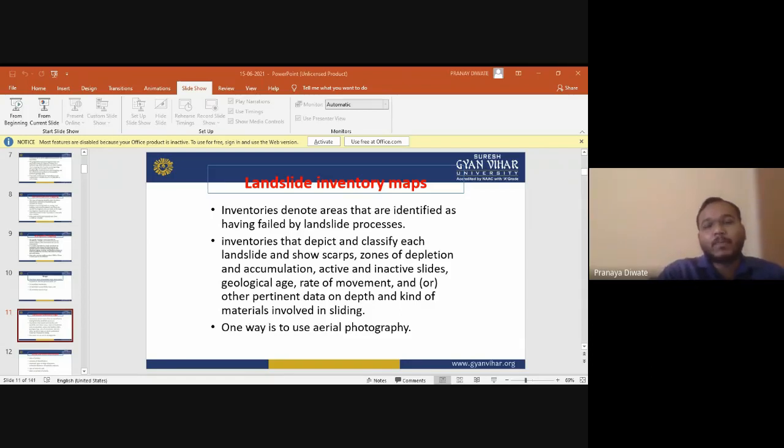So what kind of method or approach can you use? You can go for a forest cover map, identifying surface vegetation, topographic features, and soil drainage character.